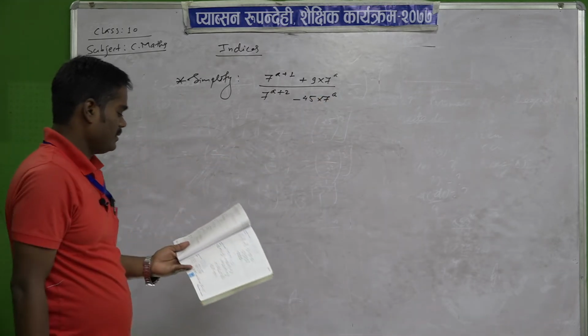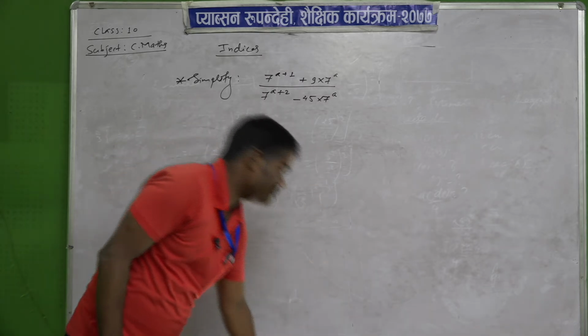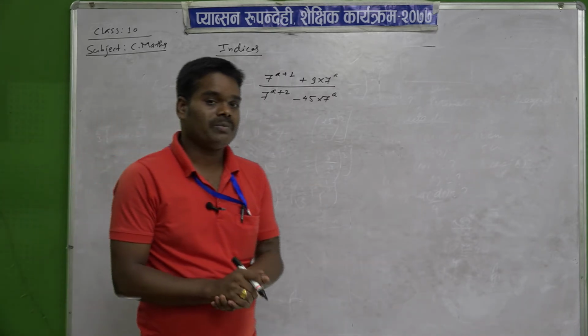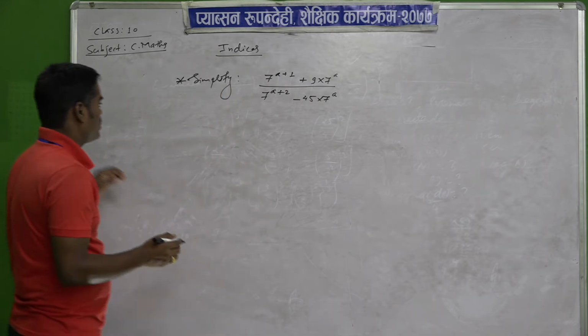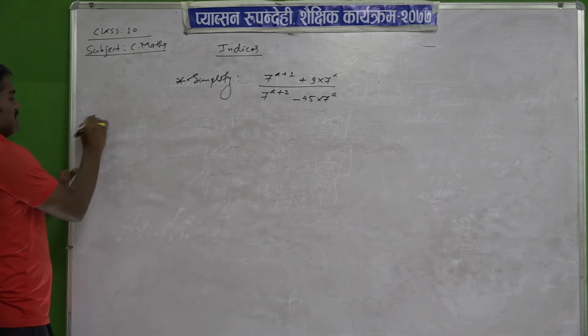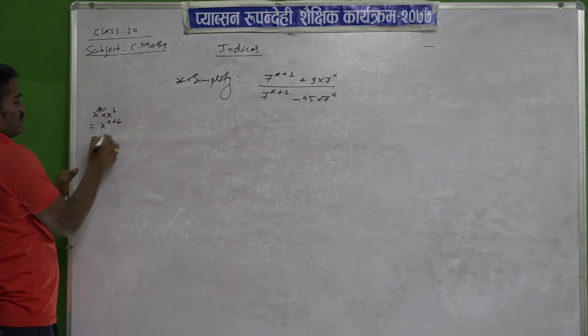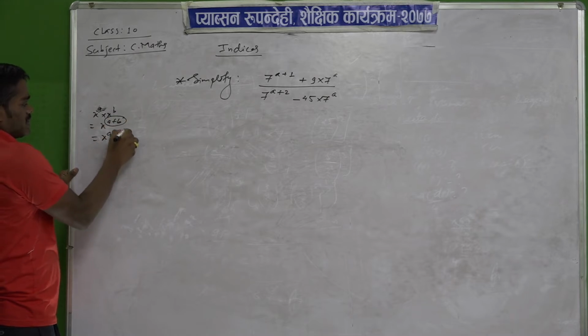So, you are watching here. First, if powers are added or subtracted, according to that we have to separate the base, because you know that if bases are same, then powers are added, like this: x power a into x power b means x power a plus b. So, powers are added, so you can separate them, x power a into x power b.